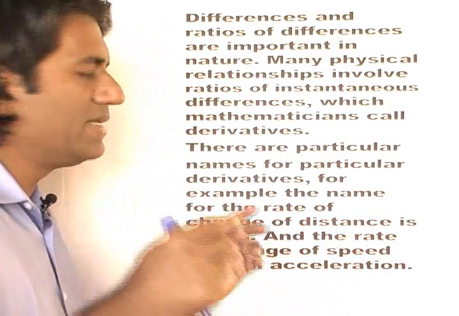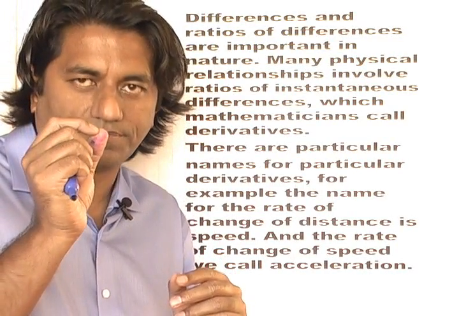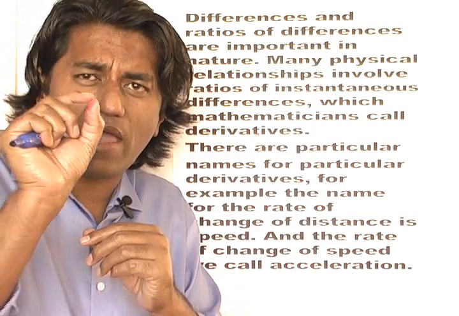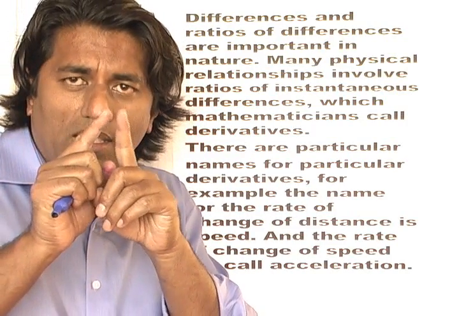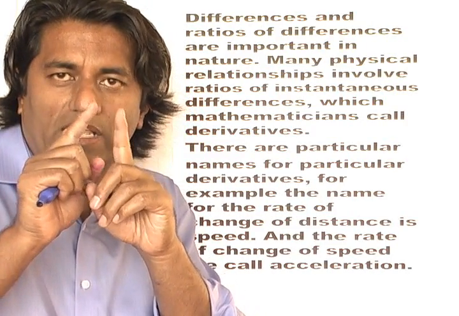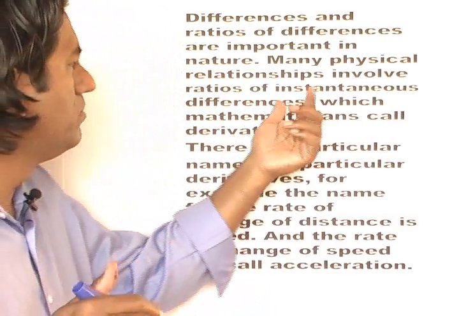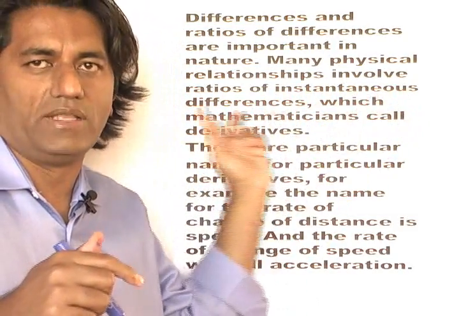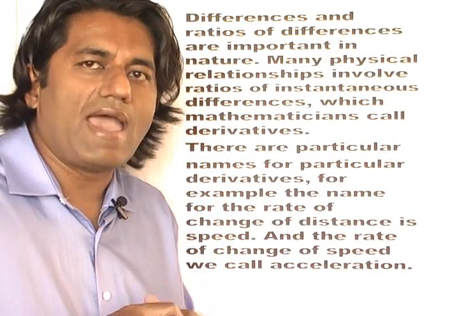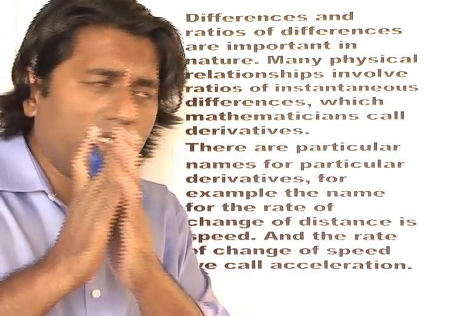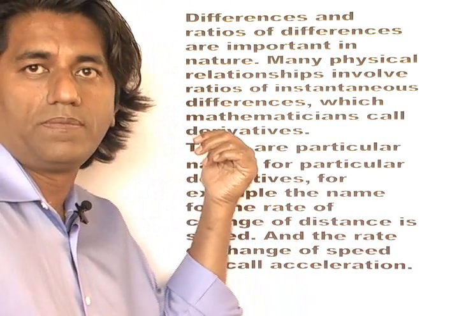And often it has to be instantaneous. So we want that ratio to be calculated over a very little change in the independent variable. So it can be very little change in time, for example. So it can be like an instantaneous difference. And when you take that ratio and the change occurs over a very small period of time, it's called a derivative. Okay?